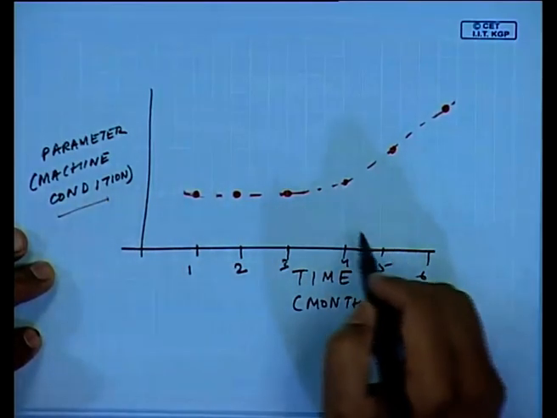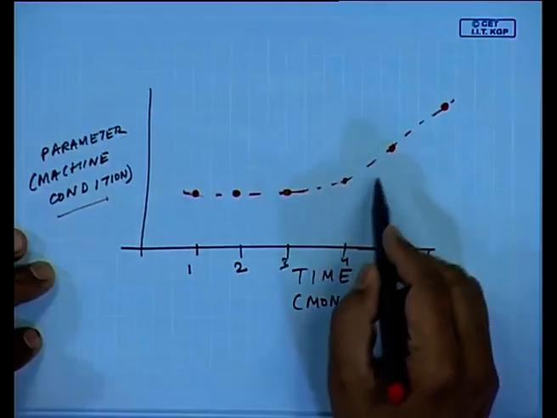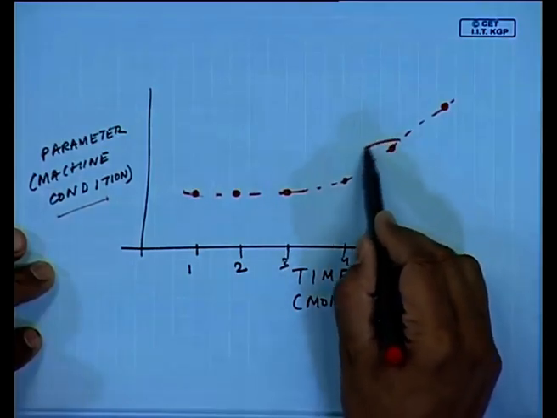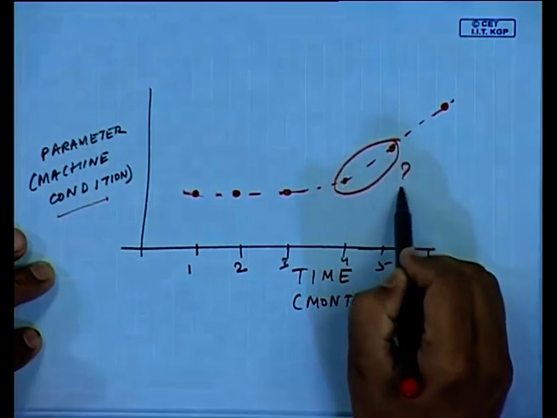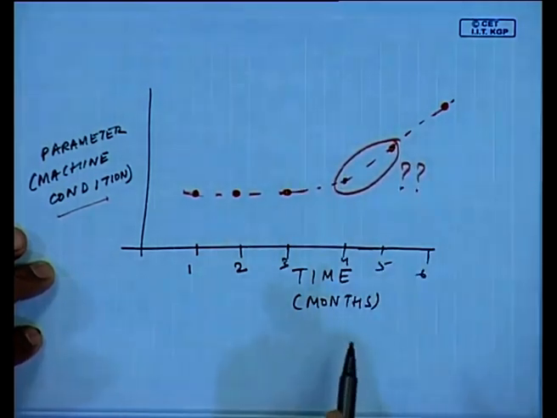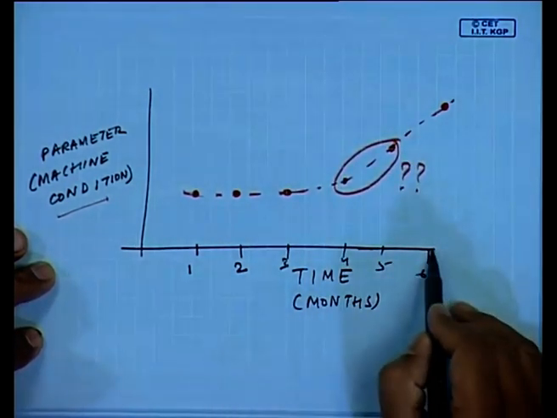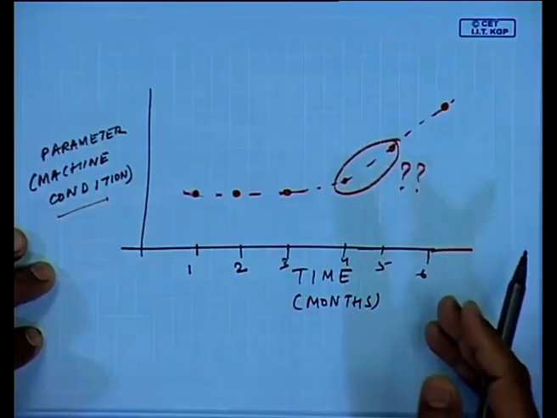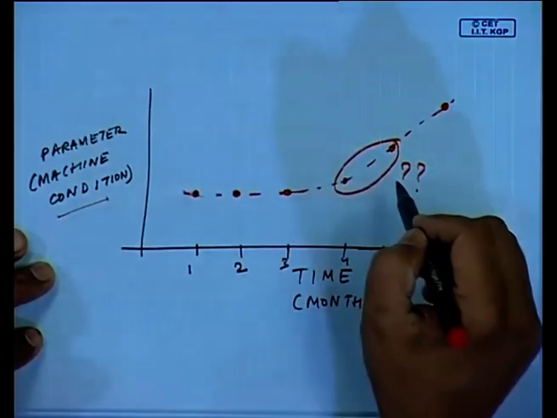condition towards the 4th to 5th month, at the end of the 5th month, as a maintenance engineer, I would be getting worried. Well, now something is behaving abnormally with this machine, and why is this parameter coming down?